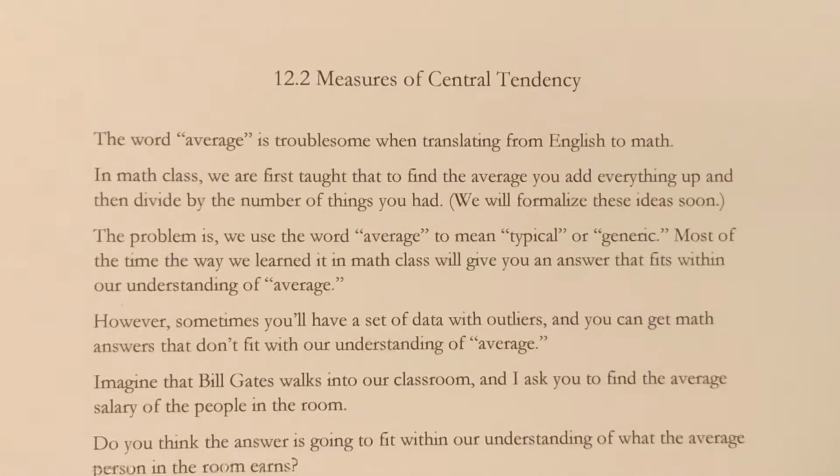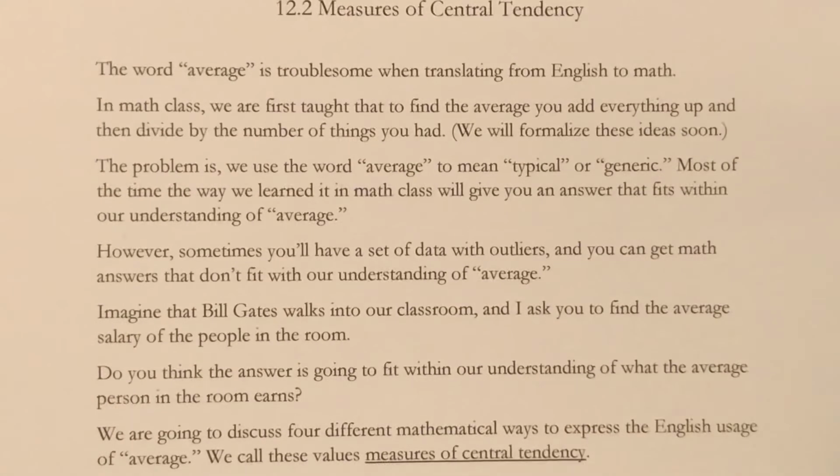If we have an outlier, some value that is extremely out of the norm, then it can really skew what we learned as the average, and it's not going to represent the typical anymore. So, for example, if Bill Gates walks into our classroom and I ask all of you to compute the average salary of the people in the room, do you imagine that the answer we get is going to fit within our English understanding of what average means?